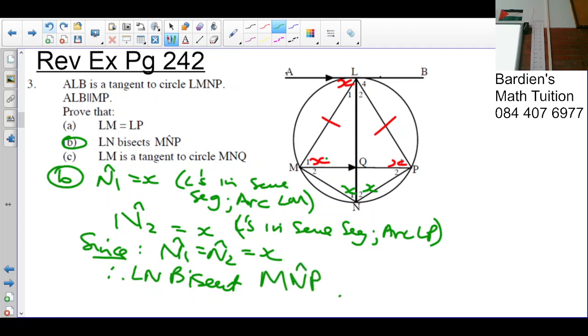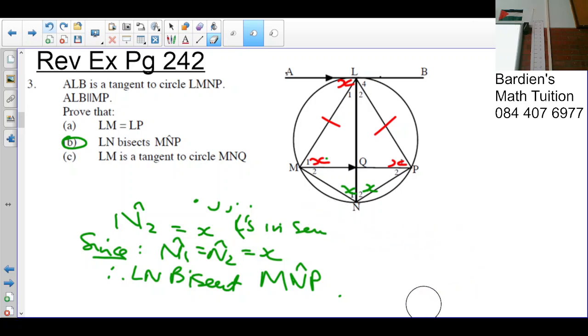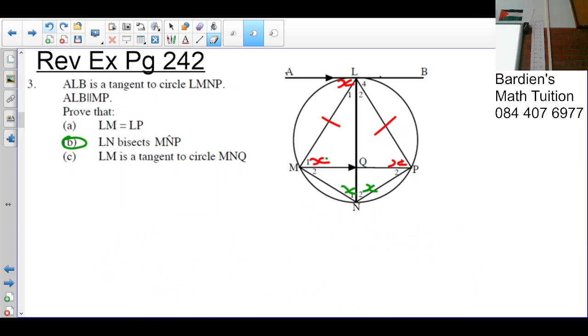Therefore, LN bisects angle MNP. Yeah, LN bisects. It's correct. So it means to say that that line cuts that angle in half.